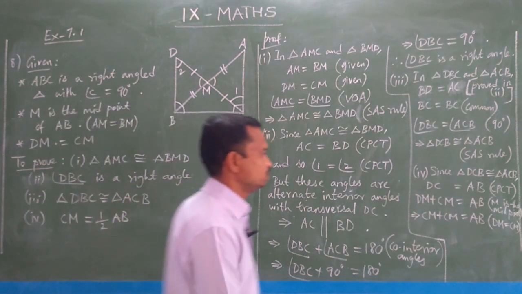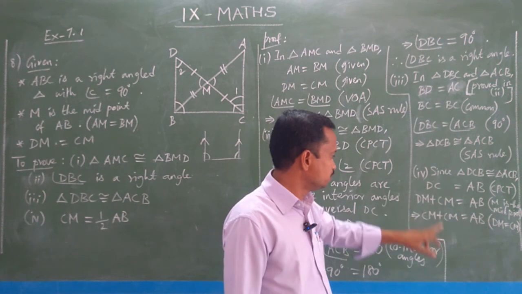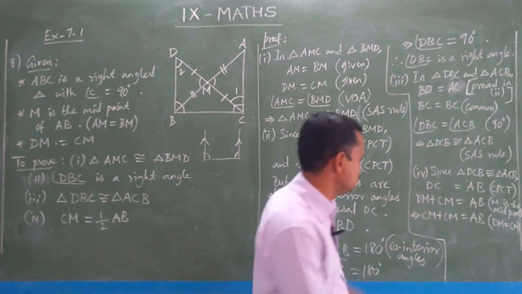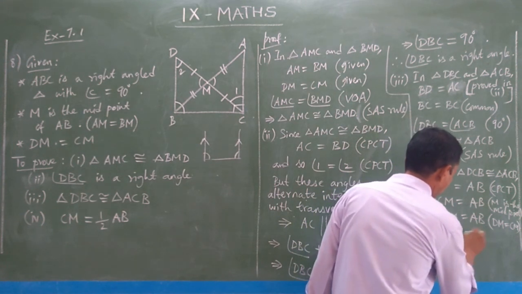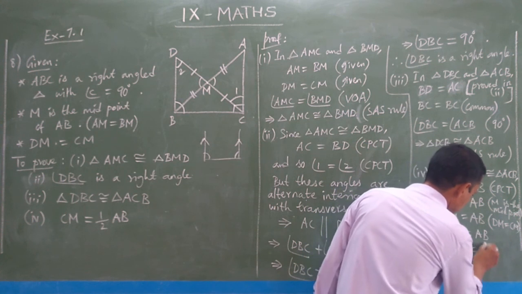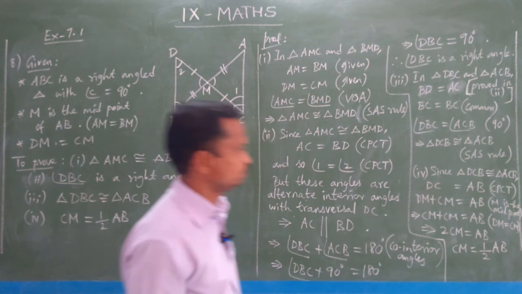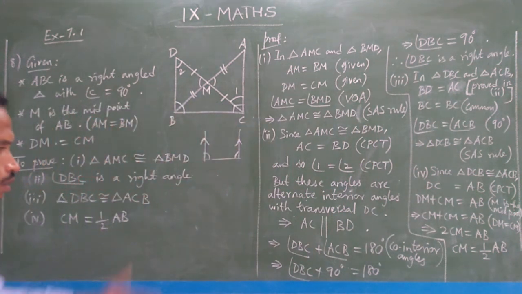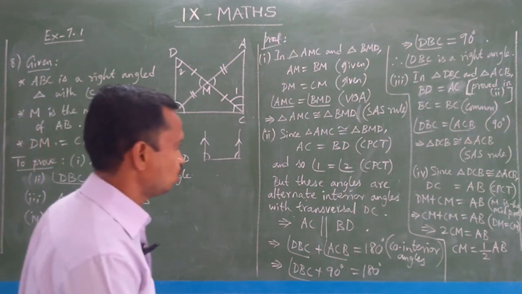So we can replace DM by CM. So CM plus CM, that is 2CM. And so CM equals half of AB, hence the proof. Clear? So CM is half of AB. So this is the way you have to prove all these options.